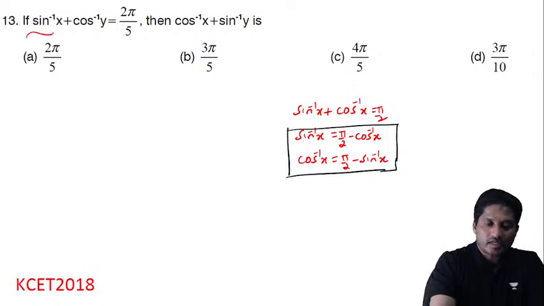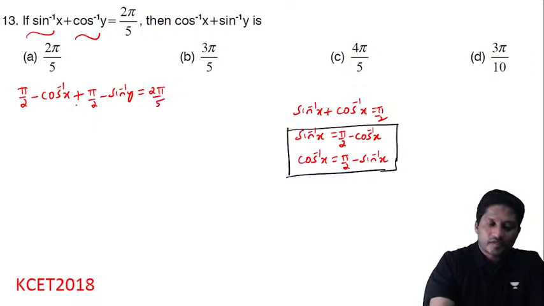Now sin inverse of x is equal to pi by 2 minus cos inverse of x. Cos inverse of y is equal to pi by 2 minus sin inverse of y is equal to 2 pi by 5. Pi by 2 plus pi by 2 is pi.